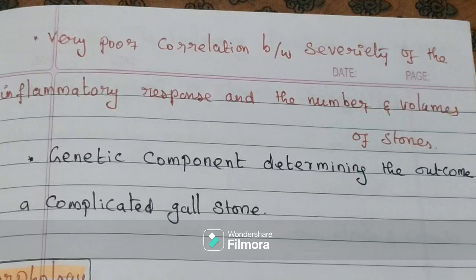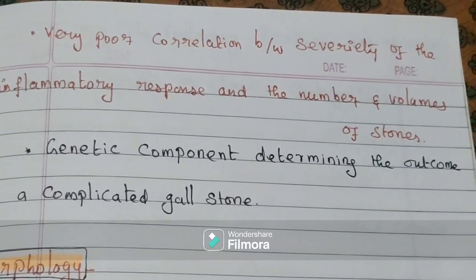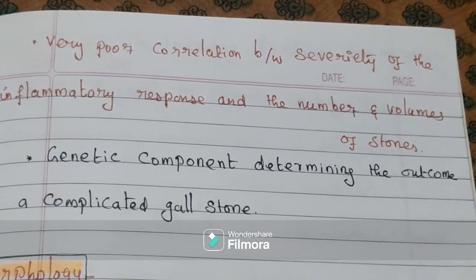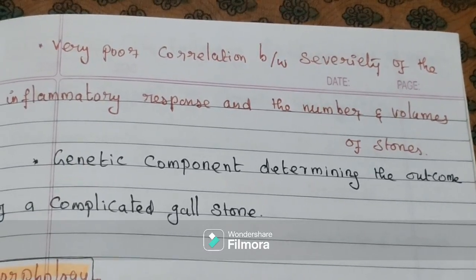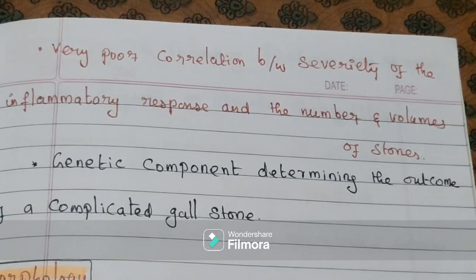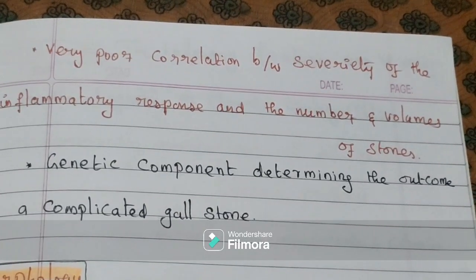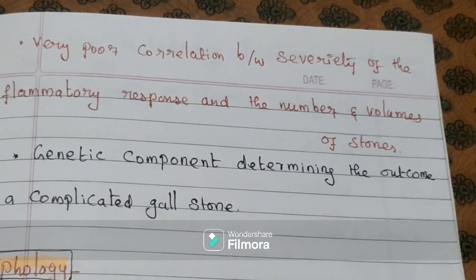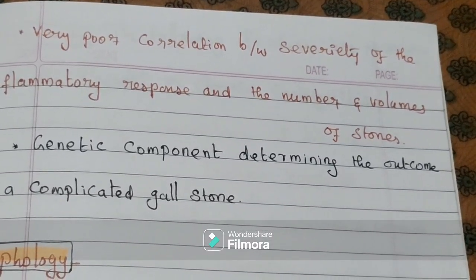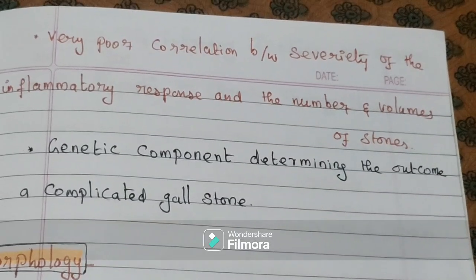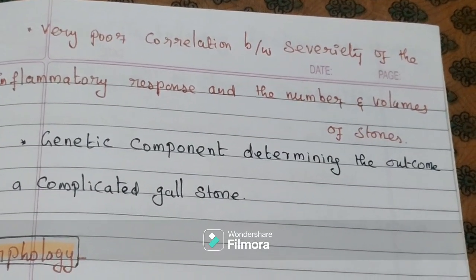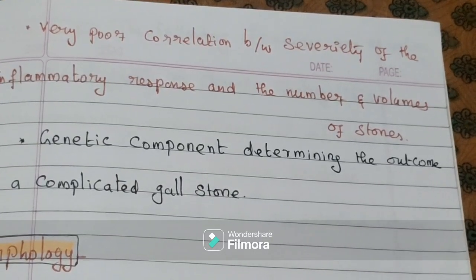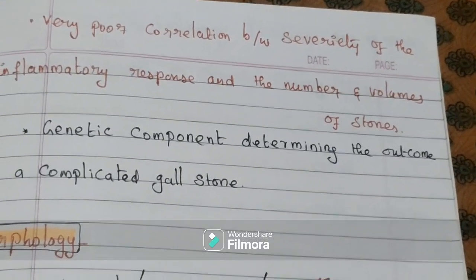Because there is a very poor correlation between severity of the inflammatory response and the number and volume of stones. Some populations respond minimally to a large number of stones, and some exhibit a very florid response resulting in severe inflammation or fibrosis. So there is always a genetic component in determining the outcome of gallstone disease.